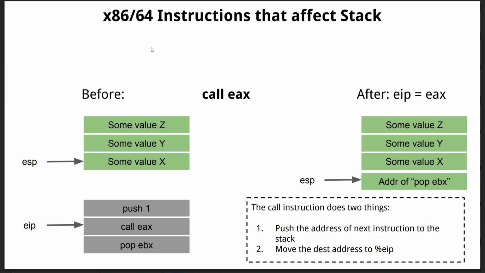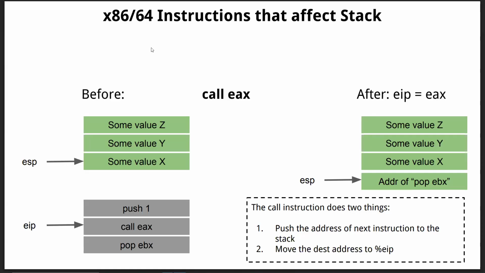So the stack will look like Z, Y, X, the address of pop EBX, and ESP or RSP points here. Then it will move the destination's address to EIP or RIP. The destination's address right now is in the register EAX, so we will start execution where EAX points.